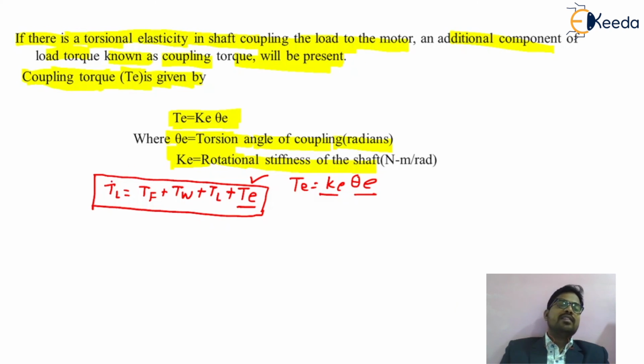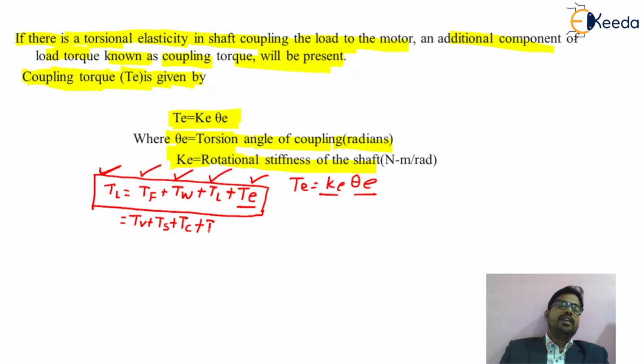So these are the basic components of load torque. The first one is friction torque, the second one is windage torque, and the third one is the load torque. In friction torque, again we have three types: viscous friction, static friction, and Coulomb friction.